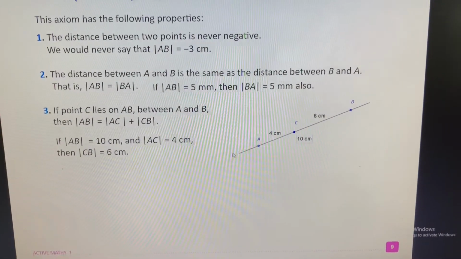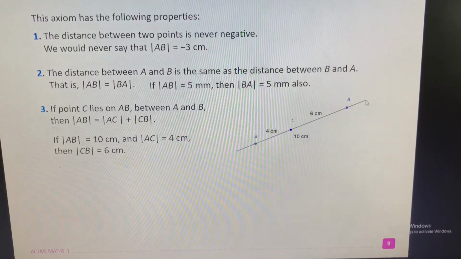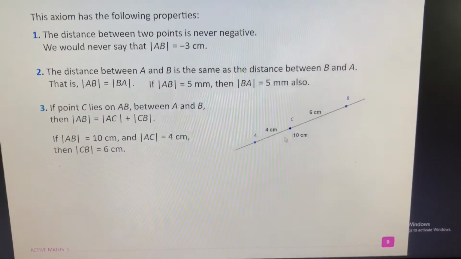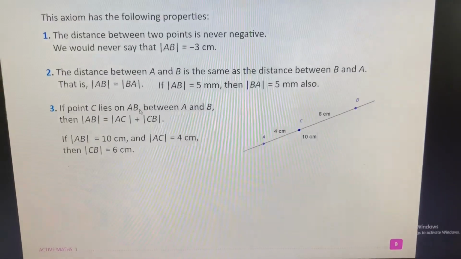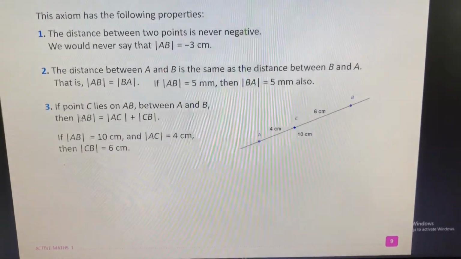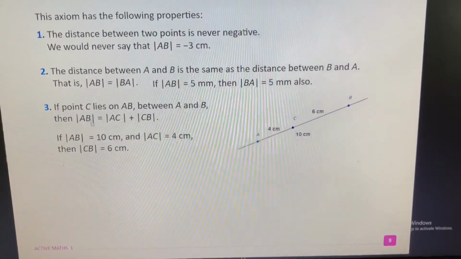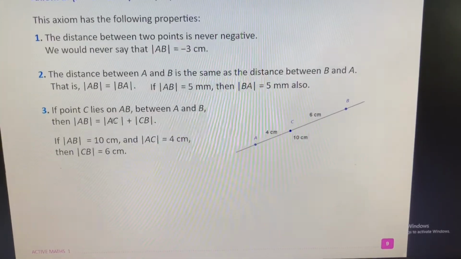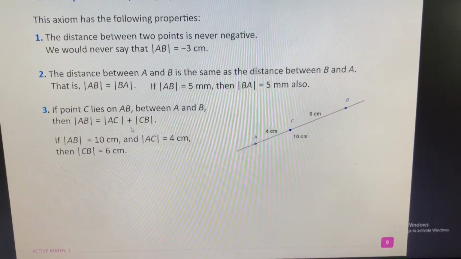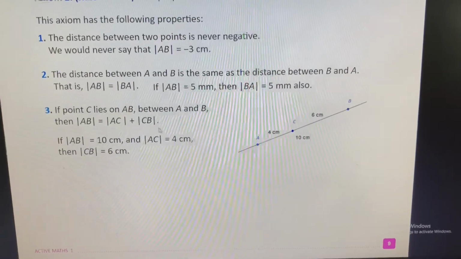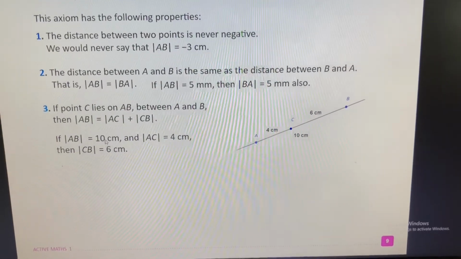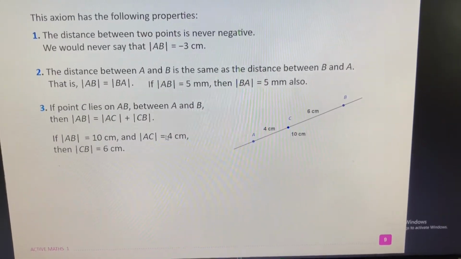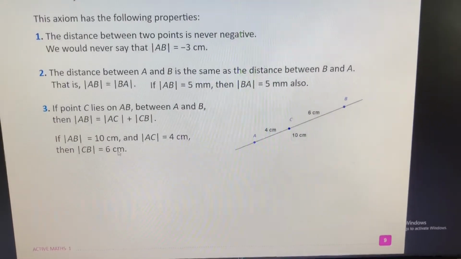It's continuing beyond A and beyond B. So it's not a line segment, it's a line AB. Then the measure of A to B is the same as the measure of A to C plus the measure of C to B. 10 equals 4 plus 6.